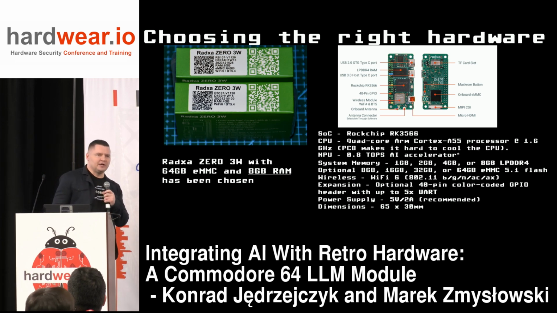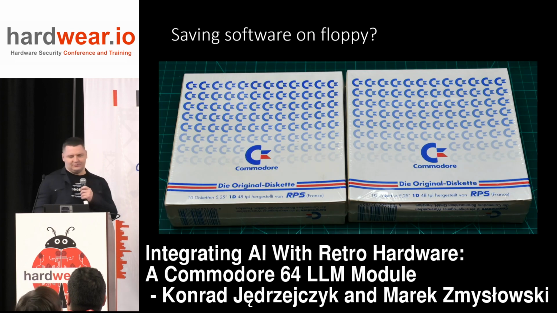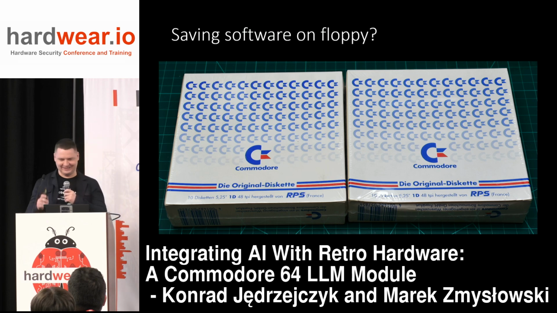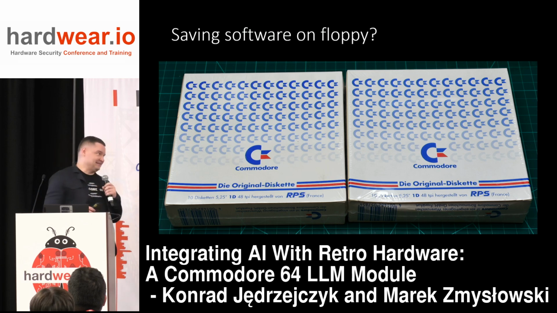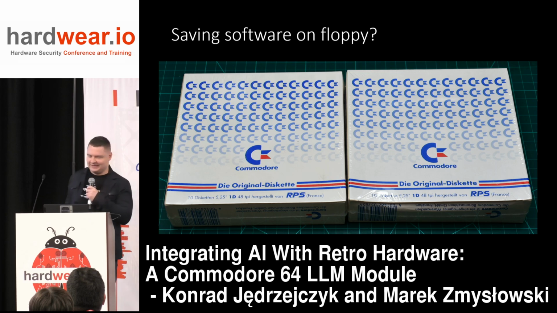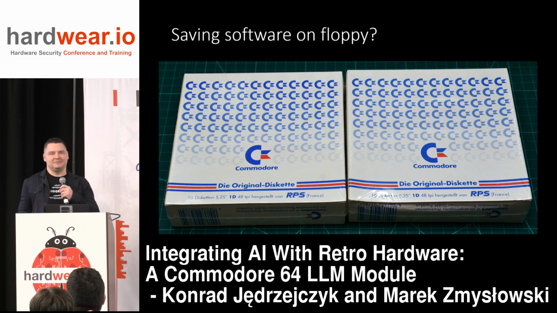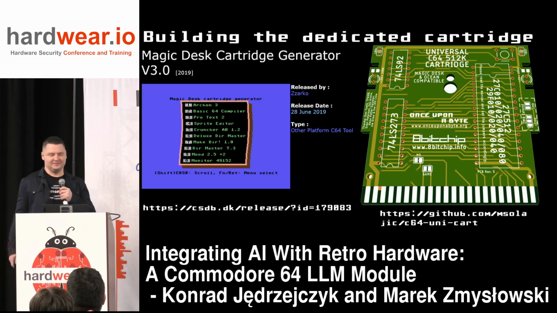We will also need to have something for our software. I was tempted to, again, open some mint condition floppies, but I decided not to do this because I knew that I won't be bringing the stuff here to show you. So I decided to go and make my own cartridge with this software.